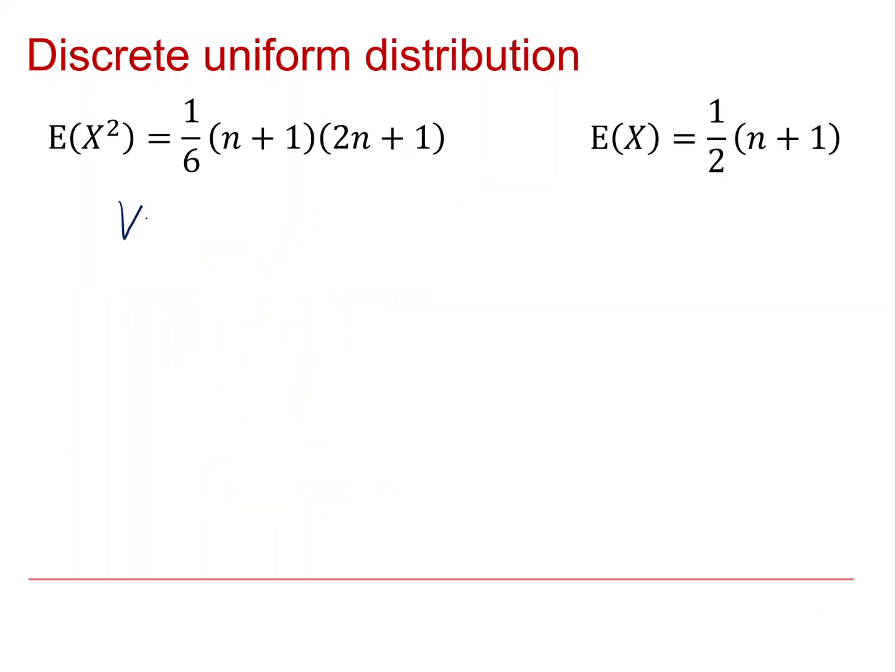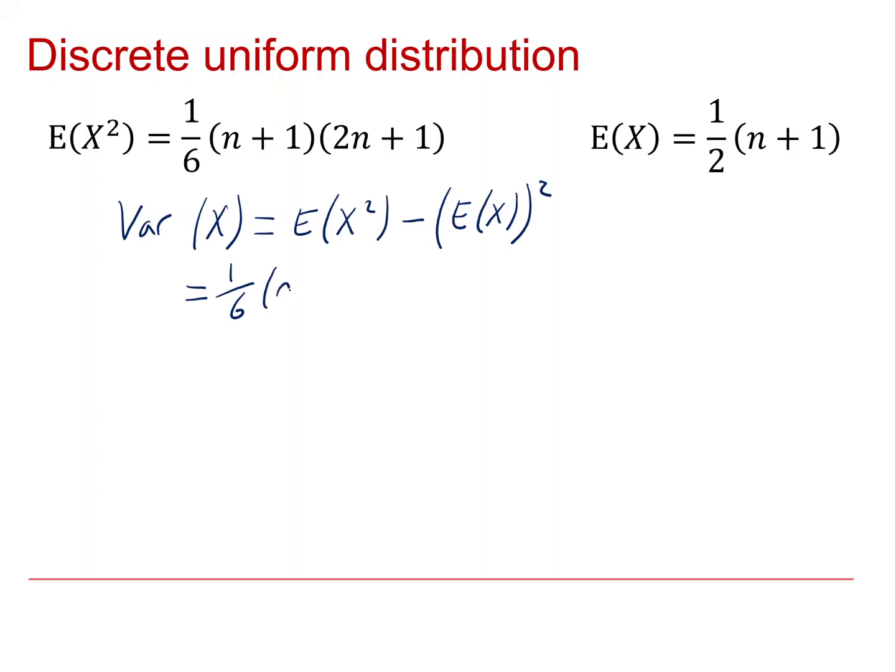So as I said, the variance of x is the expected value of x squared minus the expected value of x, all squared. So that is going to be 1/6 n plus 1 times 2n plus 1 minus 1/2 n plus 1 all squared. Now when I square this fraction at the end, I'm going to get a quarter.